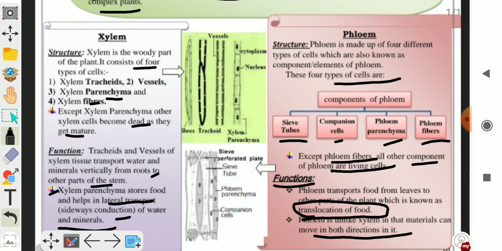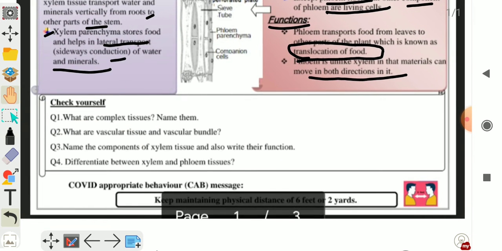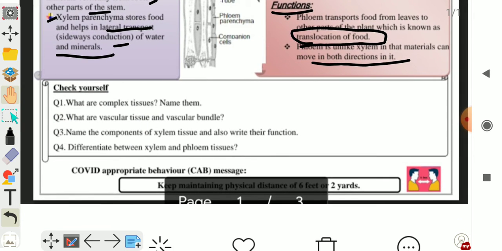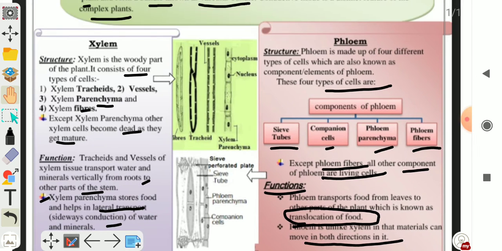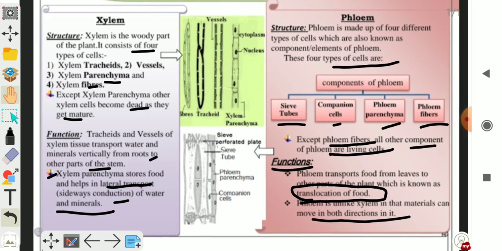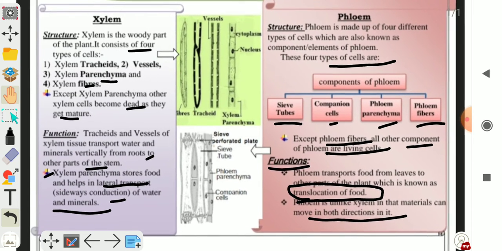Your next question is, differentiate between xylem and phloem tissues. You have to write the difference between xylem and phloem tissues. So, first difference is their structures.